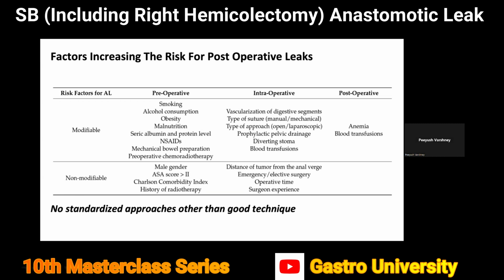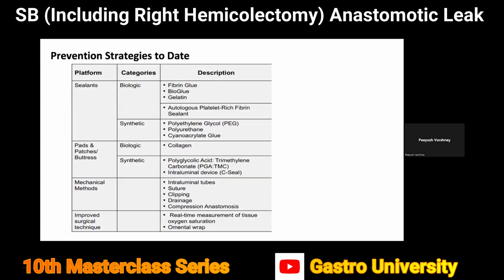There are certain strategies that can be used to prevent these leaks, but all these strategies have been described in the literature but have not been propagated so widely because their effectiveness has not been studied and their use is also not so frequent.